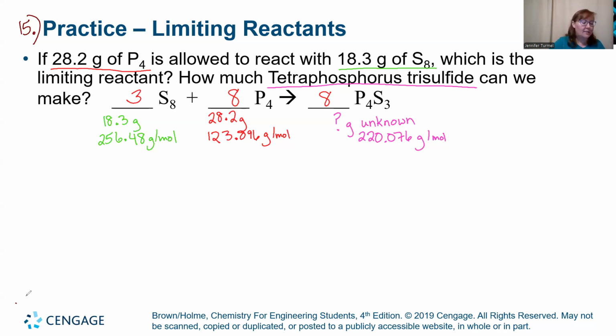Let's start here with the P4 that we mentioned up at the top. If I do my stoichiometry with my P4, I have 28.2 grams of P4. Next I need the molar mass of P4, 123.896 grams of P4 per mole.